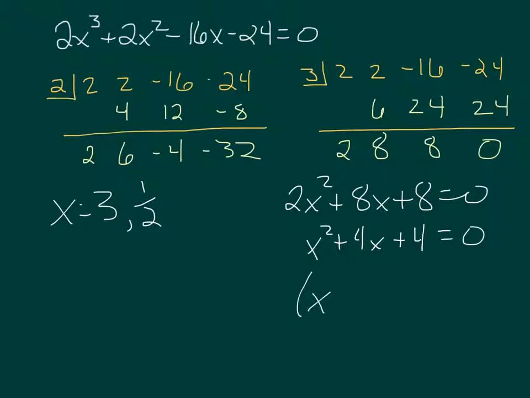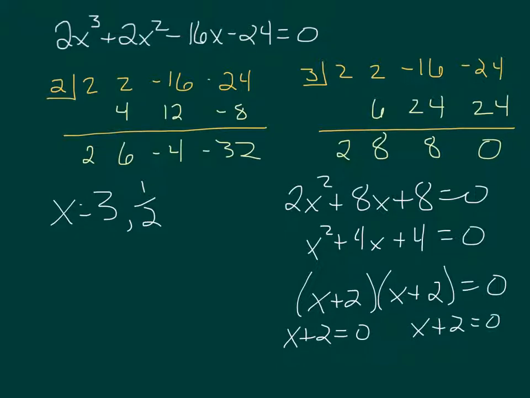And now we're thinking of factors that multiply to give us positive 4 and add to give us positive 4. And so we actually have x plus 2 twice, but that's okay. There's nothing that says that you can't have a repeated 0. And they both give us negative 2.